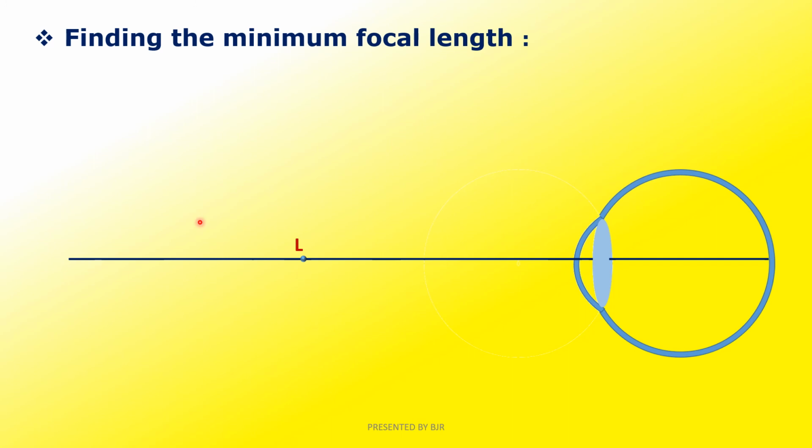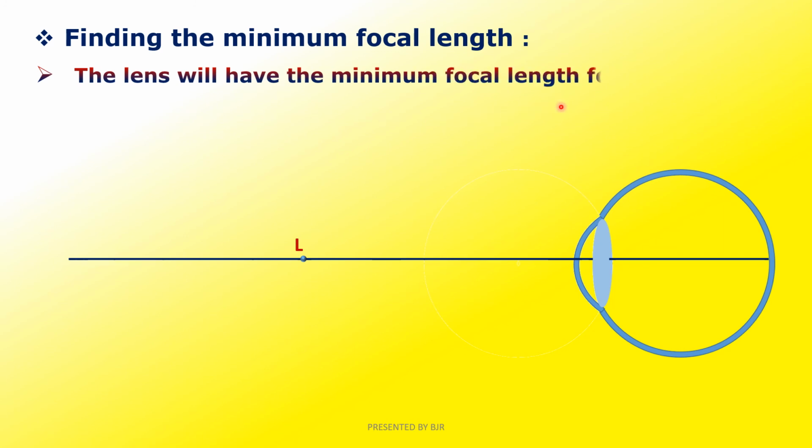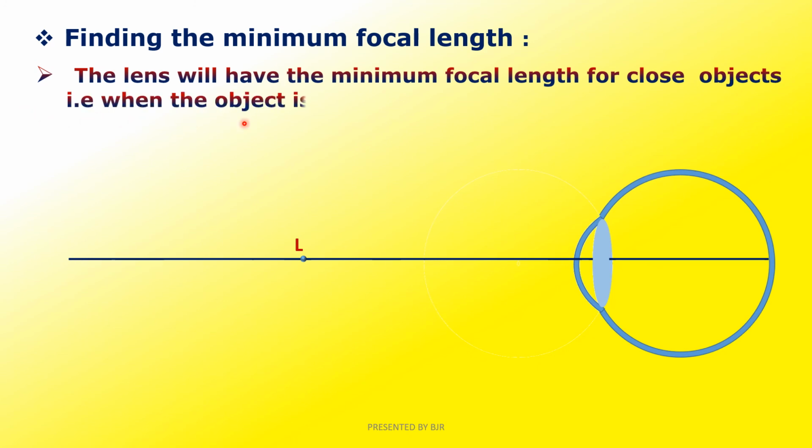So this is a close object. Now the lens will have the minimum focal length for close objects, that is when the object is at least distance of distinct vision.